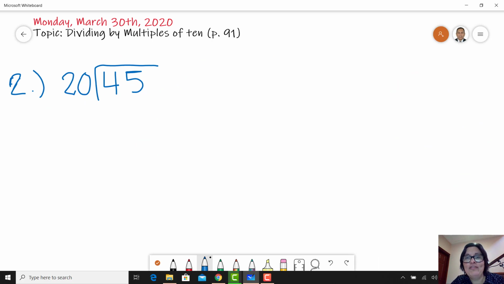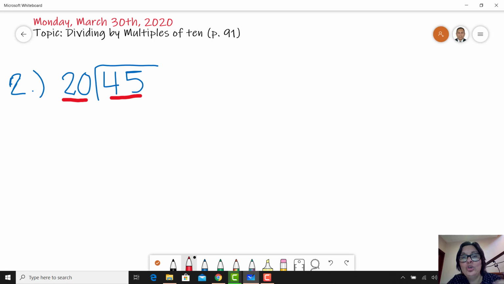Exercise number 2 says 45 divided by 20. Guys, I want you to imagine that you are looking for how many times 20 fits in 45. With how many 20s do we make number 45?